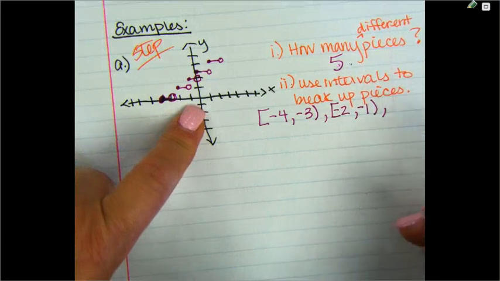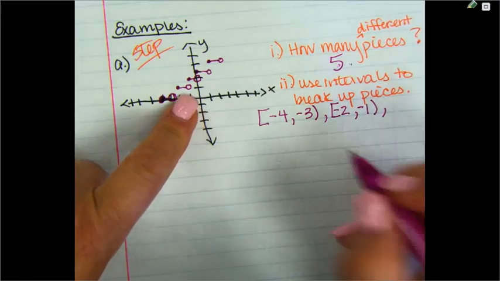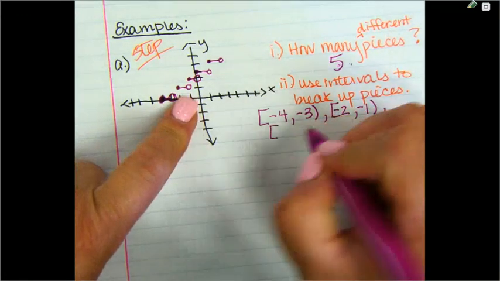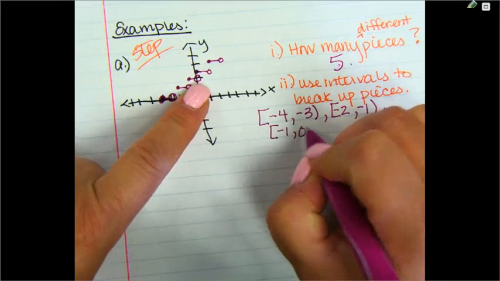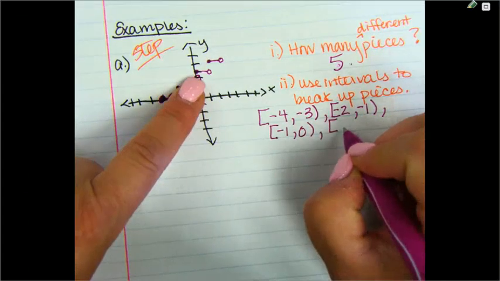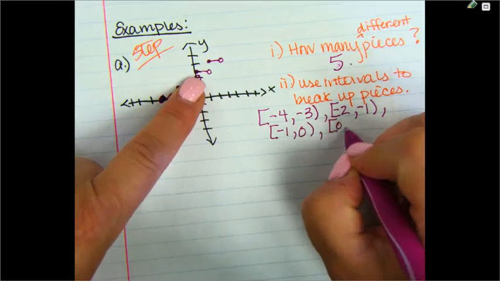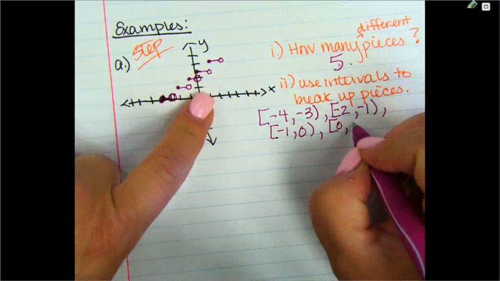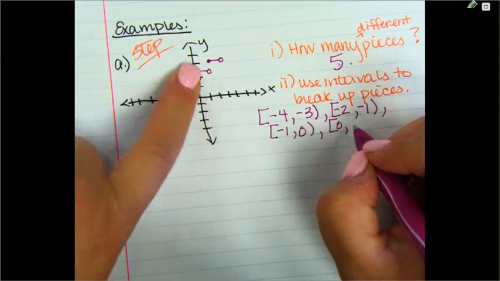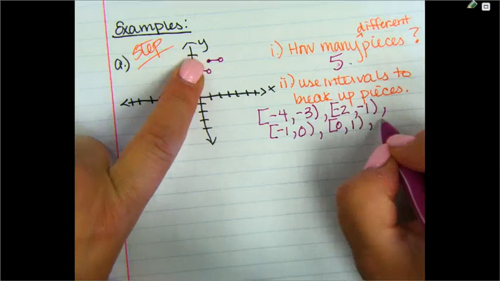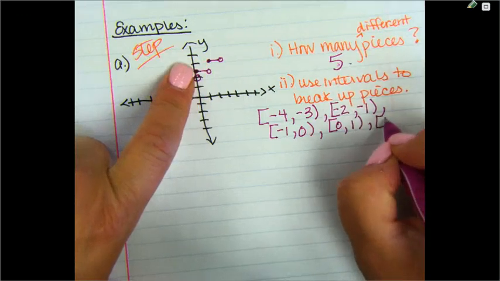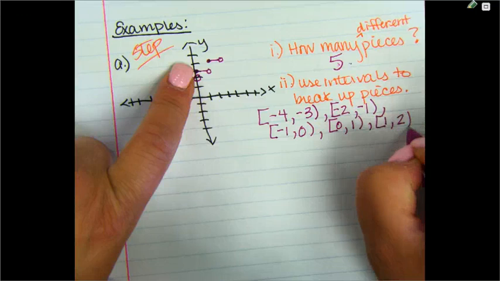Is the pattern going to keep going like that? Yeah, it is. What's the next number? Negative 1, comma? 0. Next number? 0, comma? I have it kind of over 1. 1 for me. And then the next one is what? 1, comma 2.